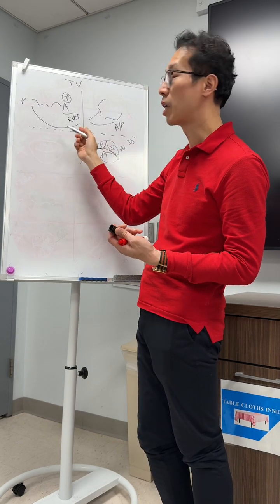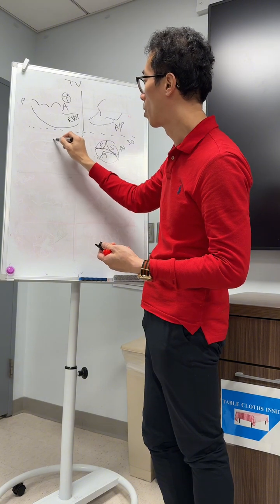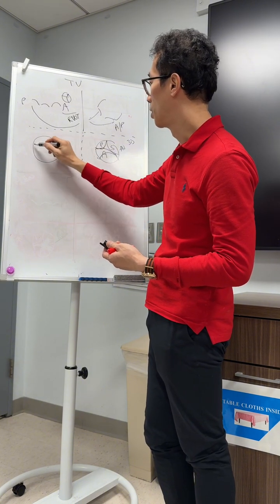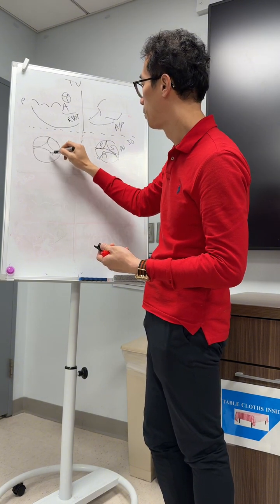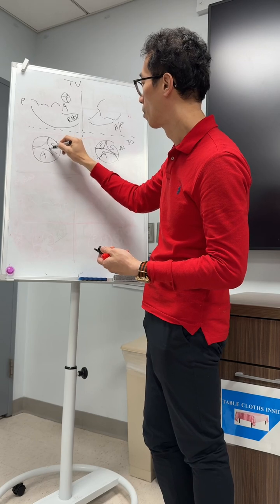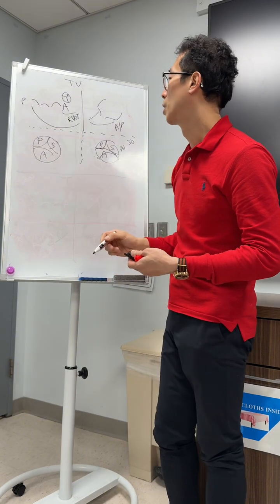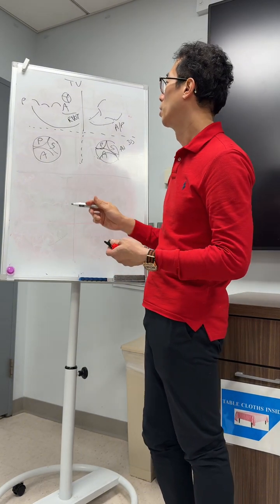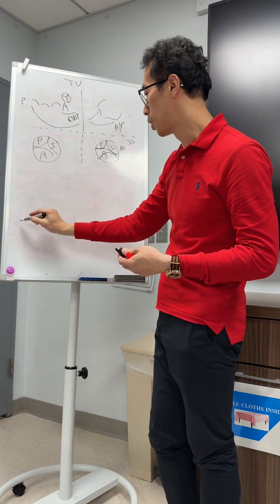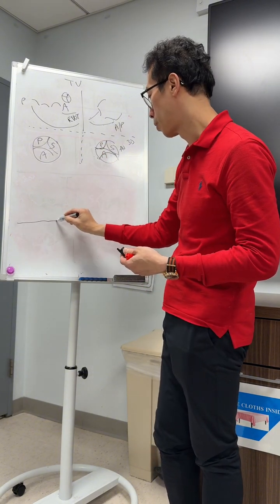Okay, so in the case of transgastric, we kept it the same way for consistency. Like this. Okay, so now let me draw this in parallel on fluoroscopy.